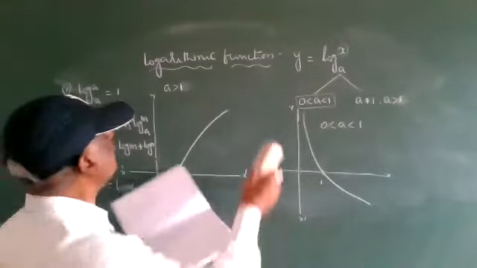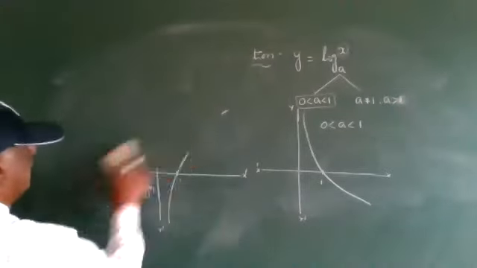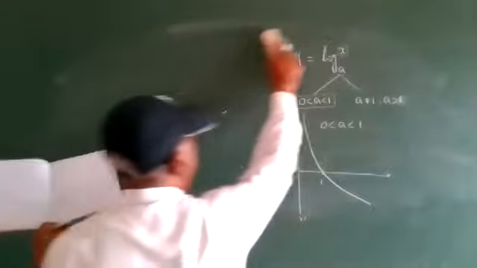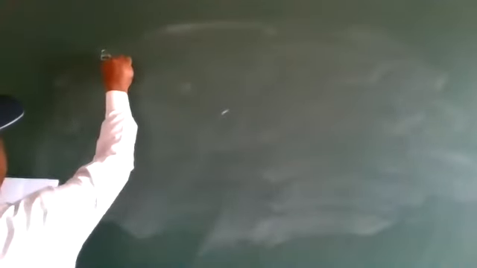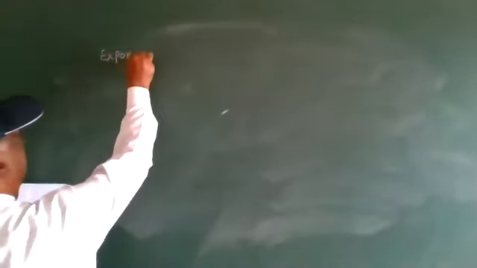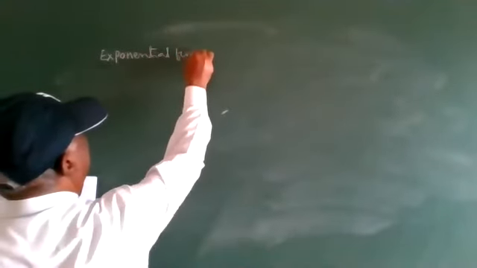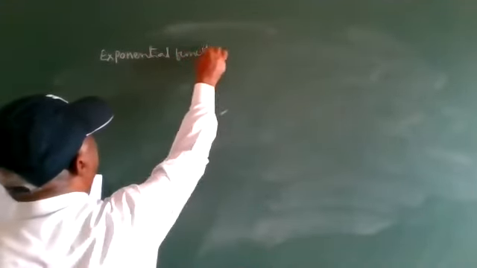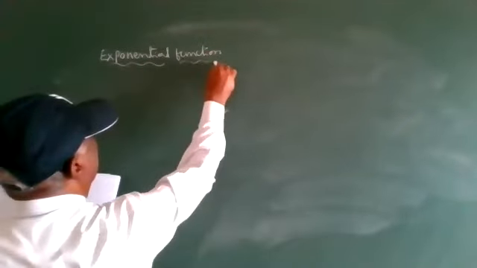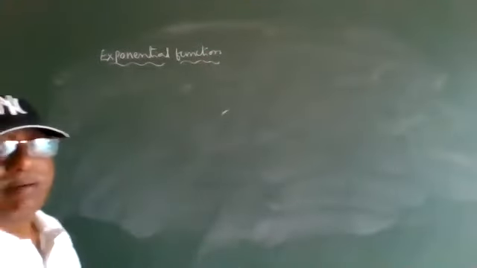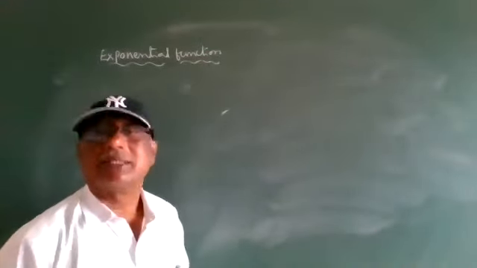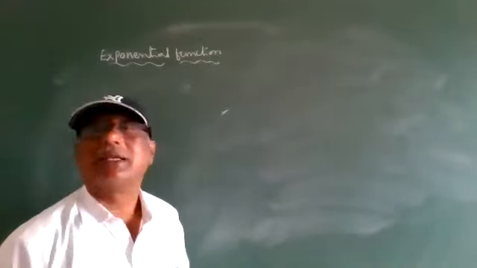exponential function. Everyone see the exponential function. These all come in derivatives and limits. Exponential function: e power x, a power x. When the power is x, that is called an exponential function.